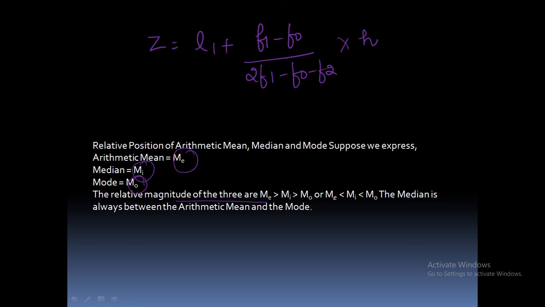Or you can say arithmetic mean is less than median, less than mode. The median is always between the arithmetic mean and mode. That means mean, median, then mode. It will always be between the mean and mode.